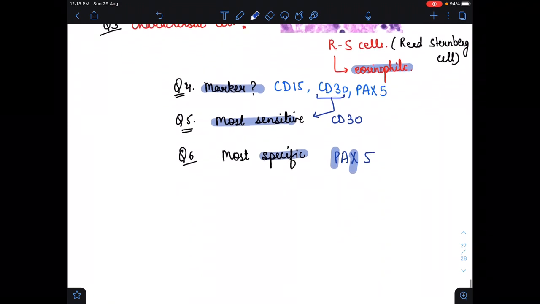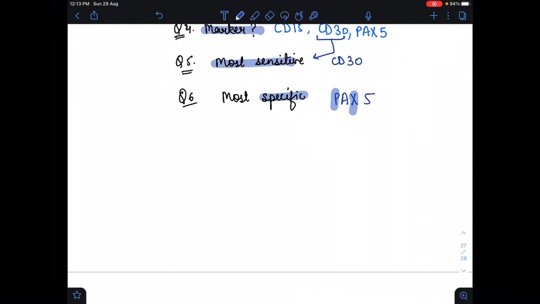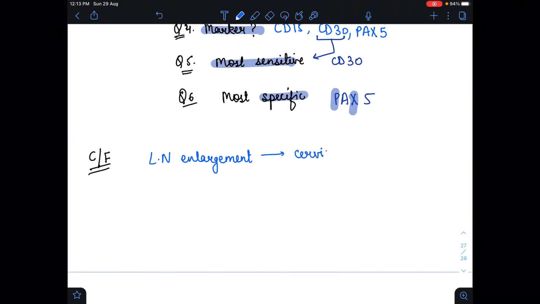Now, what are the clinical features present in Hodgkin lymphoma? The clinical features are lymph node enlargement: cervical, inguinal, or axillary lymph node enlargement.